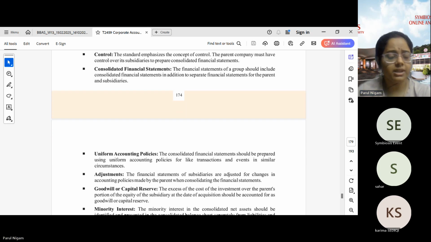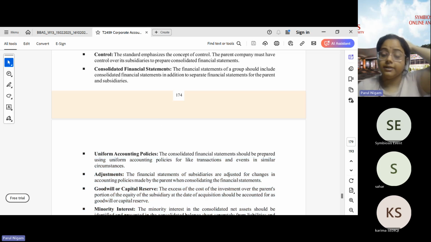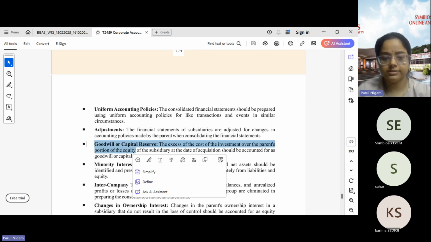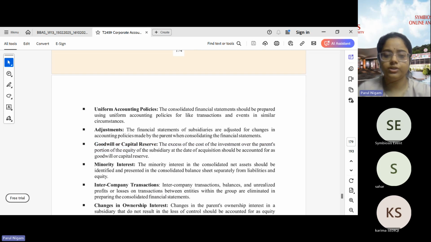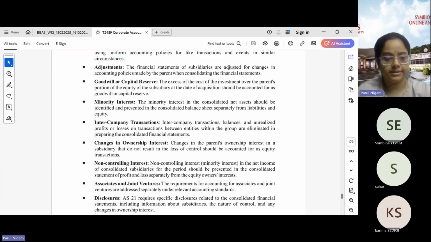Okay, it helps in having uniform accounting policies. It helps in giving guidance when there are certain adjustment entries which need to be done. Then for creation of goodwill or capital reserves: the excess of the cost of the investment over the parent's portion of the equity of the subsidiary at the date of acquisition should be accounted for as goodwill or capital reserves.